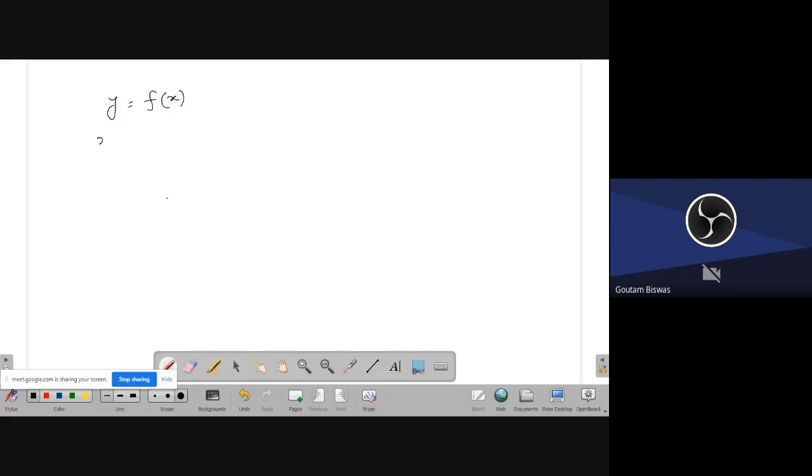Say x square plus a square plus y square plus b square is equal to 1. So this can be written as some function of x, y, a, b is equal to 0.